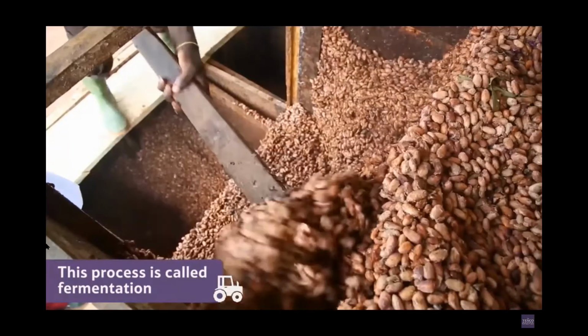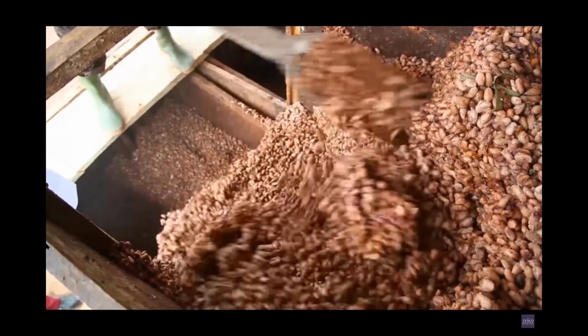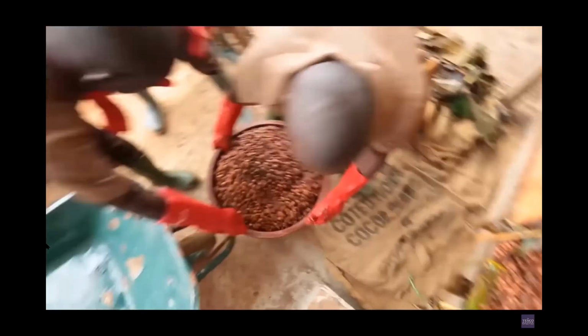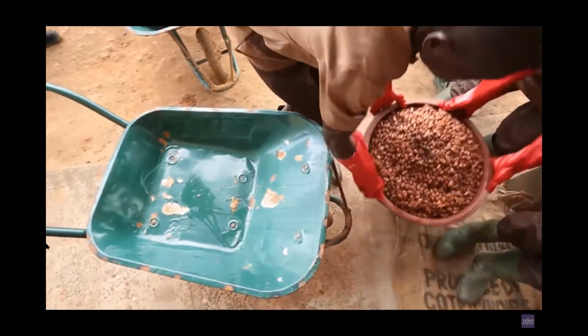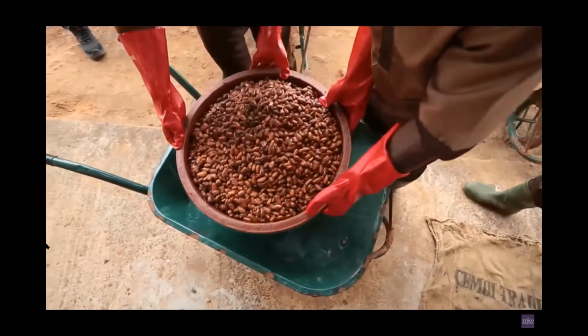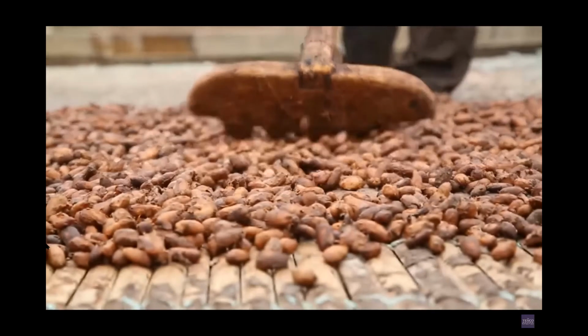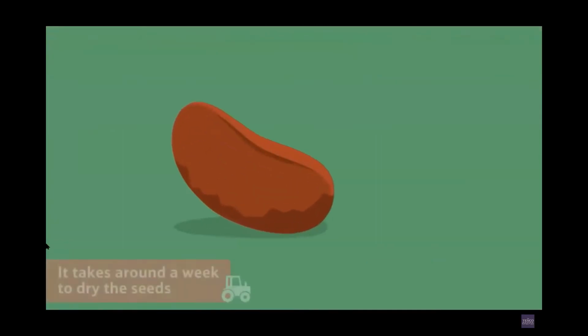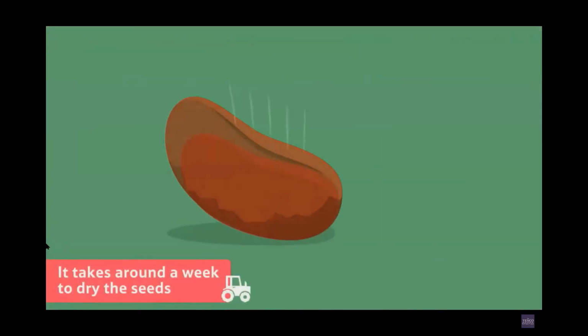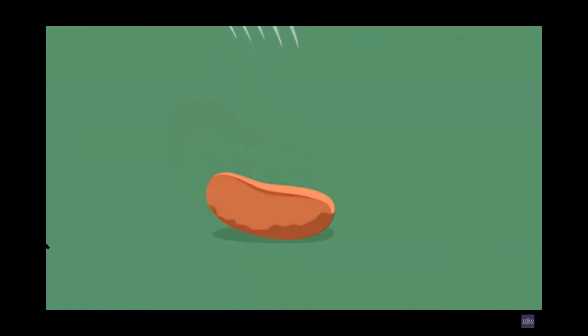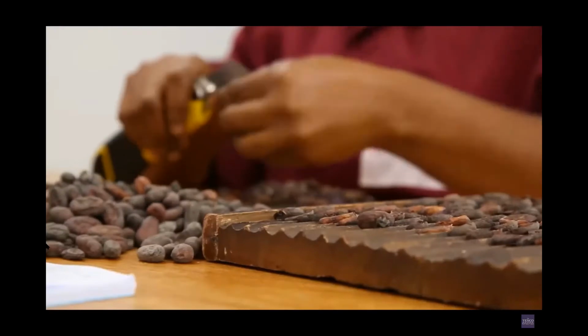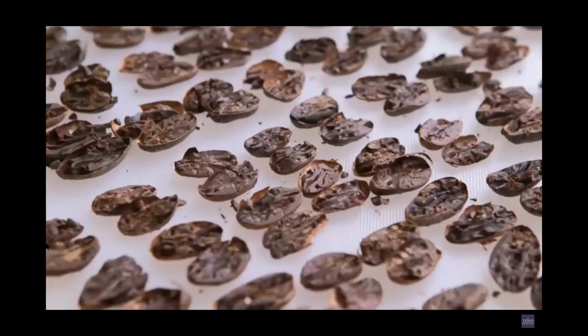During fermentation, the seeds turn from white to brown. Once they are fermented, the next stage is to dry the seeds. This takes around a week, and during this process, the dried seeds lose so much water that they end up around half their original weight. They are now called cocoa beans and look like this.